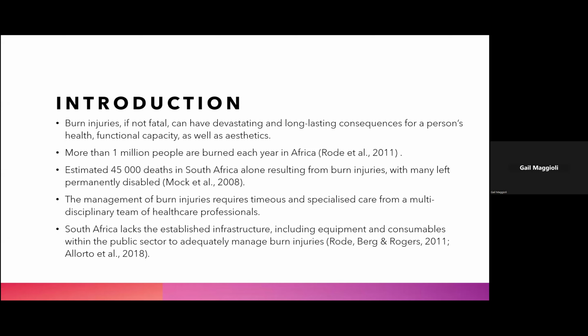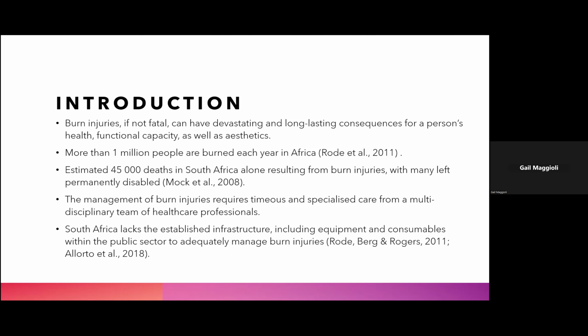these patients. And we see that there are about 1 million people who are burnt each year in Africa. And of this, there's an estimated 45,000 deaths in South Africa alone from burn injuries. And it leaves a lot of patients permanently disabled. So what we see is the management of these burn injuries requires very timeous and specialized care from an entire multidisciplinary team of healthcare professionals.